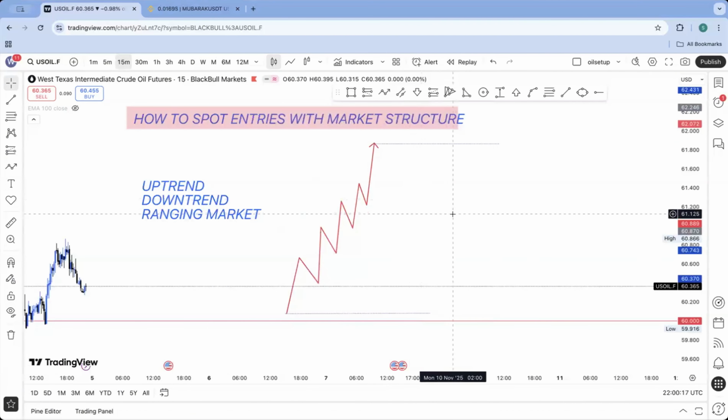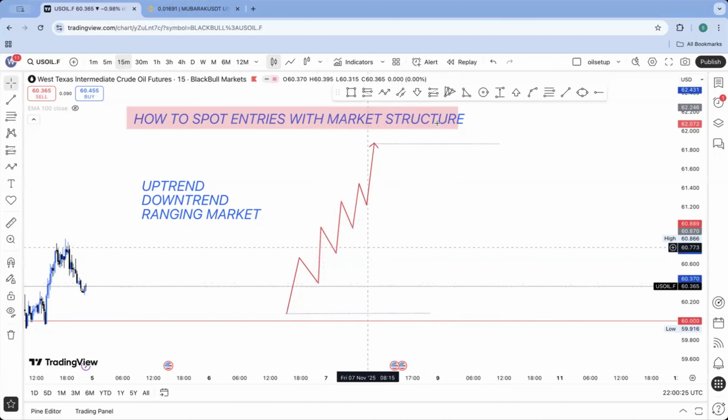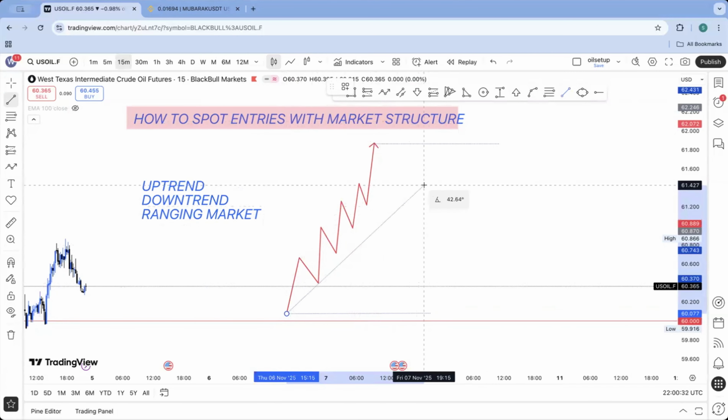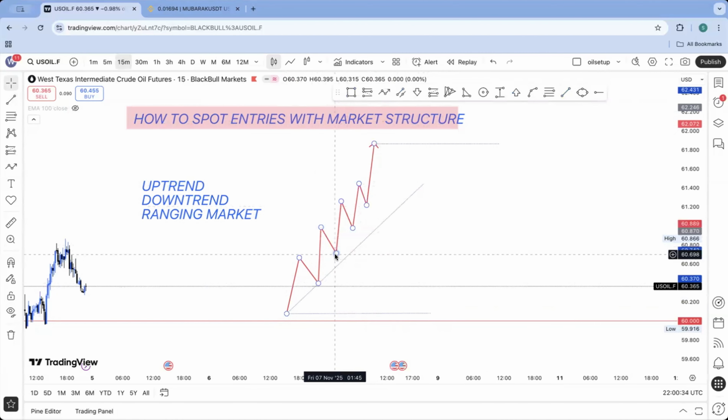So as a price action trader, you can use a whole lot of strategies. You can use trend lines to spot opportunities where, let's say, if your strategy says maybe if price taps 3 times on your trend line, you can take your entry, then look forward to your candlestick formation and your confirmation, and then you take the buy based on the market structure that you are currently seeing.